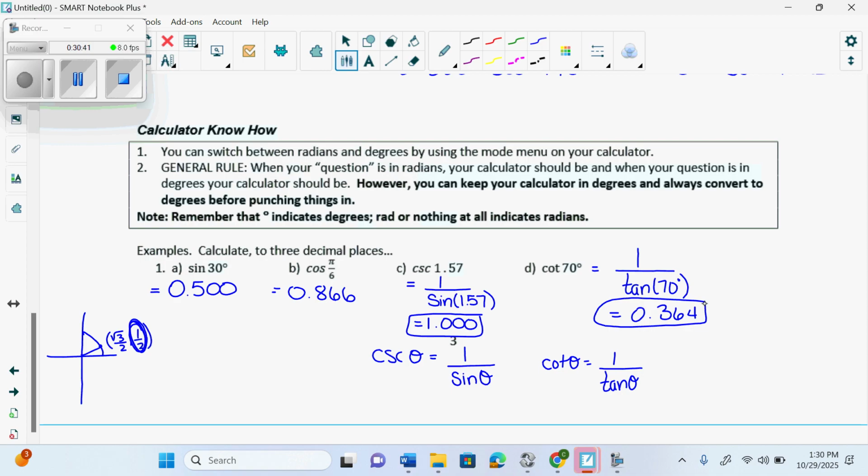Make sure you're in what? Degree mode. So if you're getting it wrong, you're probably in radian mode. How are you typing it in? If you do cosine 70 divided by sine 70 in degree mode, are you closing your brackets?